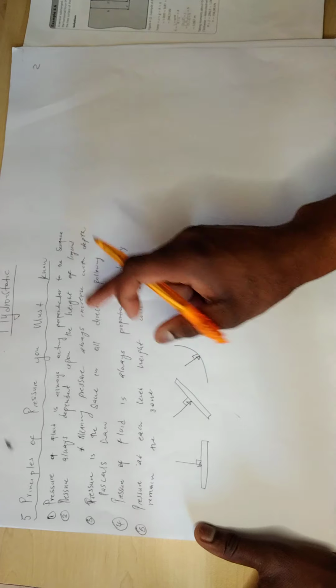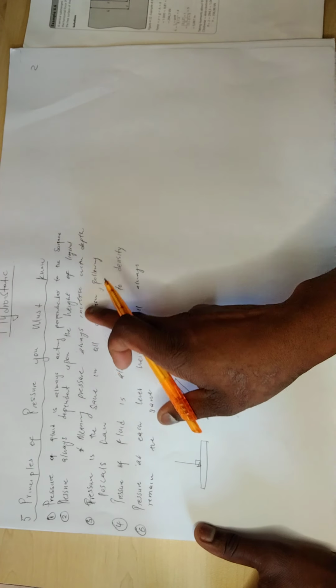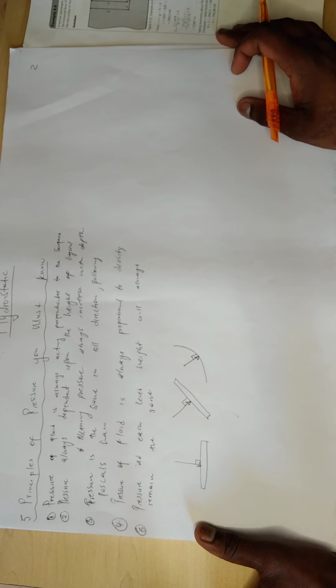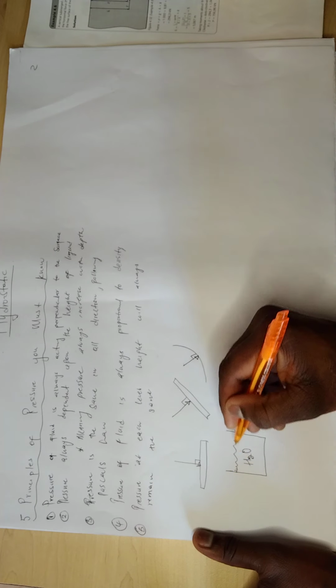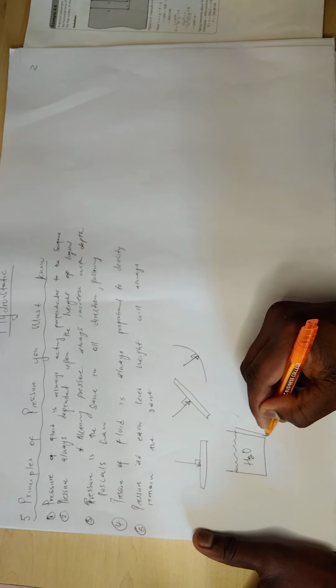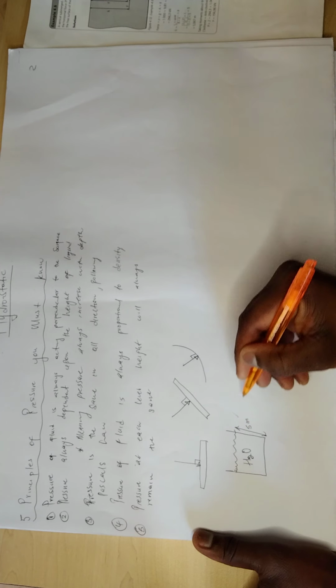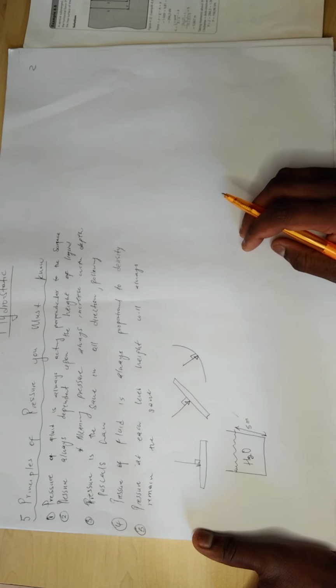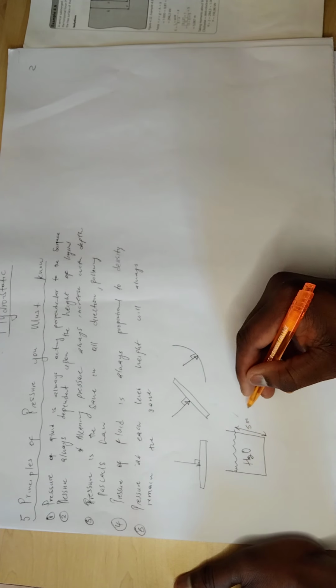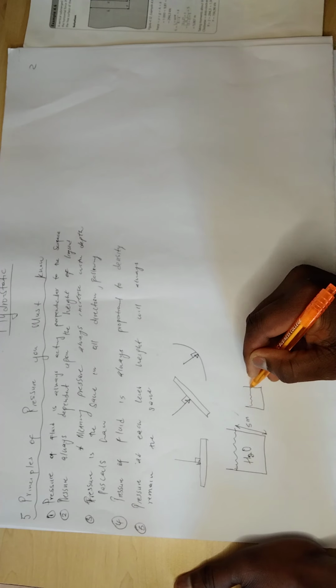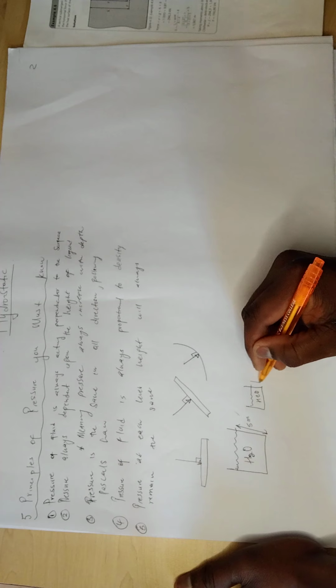The second principle says that pressure always depends upon the height of liquid, meaning pressure always increases with depth. What I'm trying to say here is this: if we have a container like this filled with water, and maybe the height of this water is 5 meters, and I have another container with water where the height is 3.